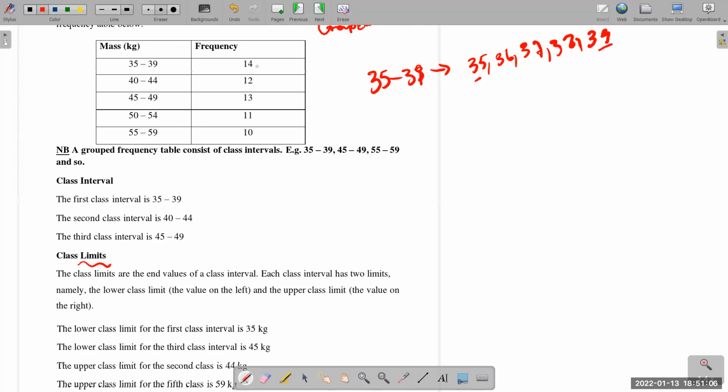That means 14 numbers range inside here. Y'all with me? So when we talk about the limit, we are talking about the beginning number of the interval and the ending number of the interval.